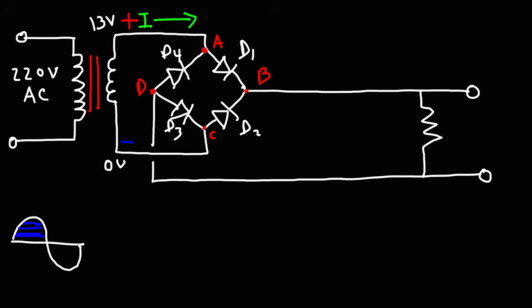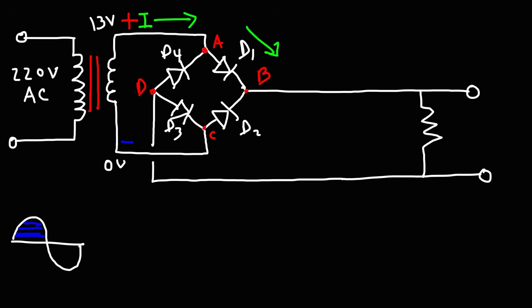So current is going to flow from the positive terminal to point A, and then it's going to flow through D1, because D1 is in forward bias mode. It can't flow from point A to point D, because that is in reverse bias mode, and D4 is going to block any current going in that direction. So that's not going to happen unless the voltage is very, very high.